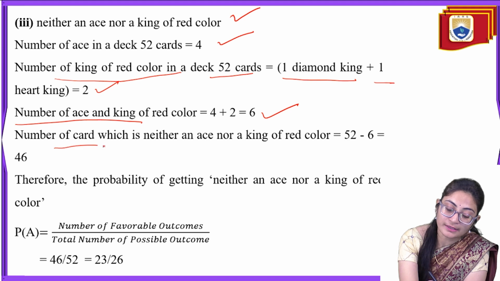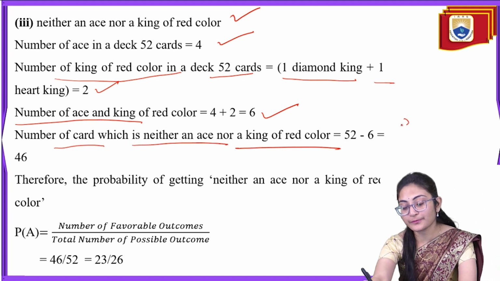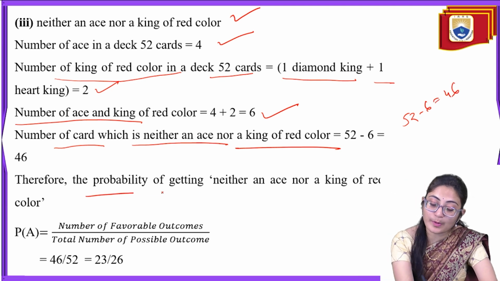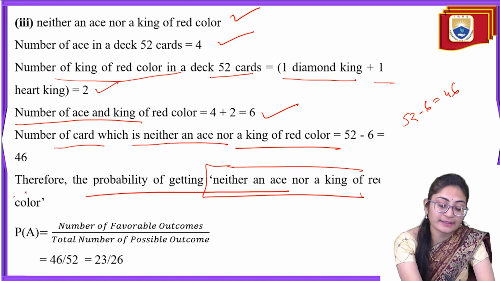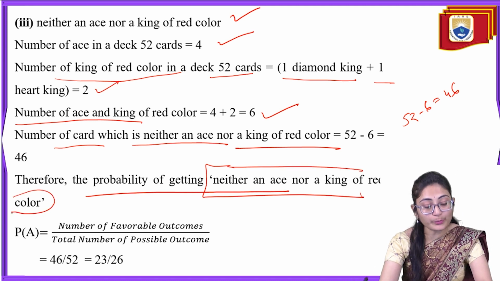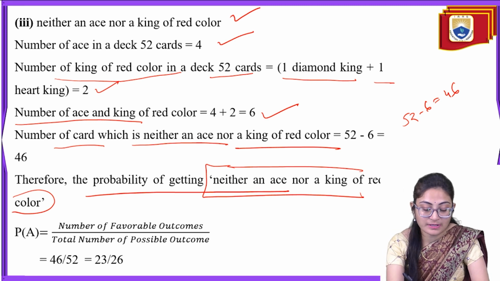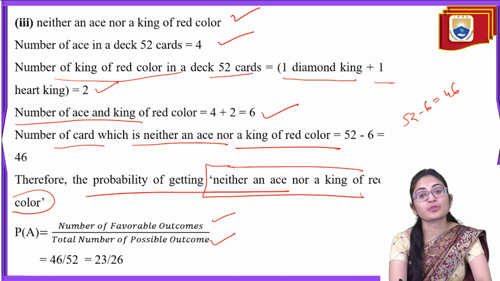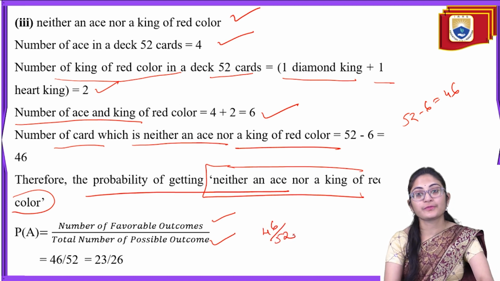So the number of cards which are neither an ace nor a king of red color is 52 minus 6, that is 46. Therefore the probability of getting neither an ace nor a king of red color is the number of favorable outcomes divided by the total number of possible outcomes, that is 46 divided by 52.